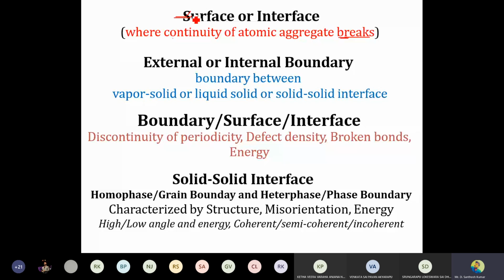There is a chance of surfaces forming inside the body, which we call dislocations, due to misorientations of the grains, or because of defects in the solids. Due to these, surfaces arise inside the solid. So don't expect the surface to be only external. Surfaces can be created inside the solid.